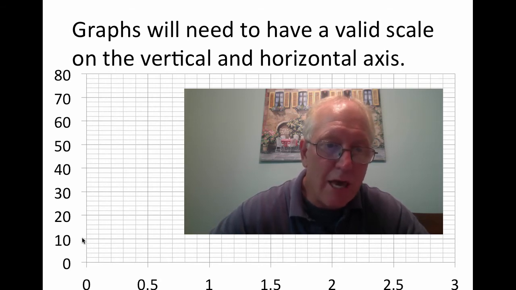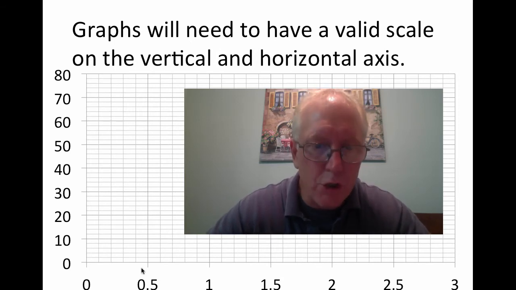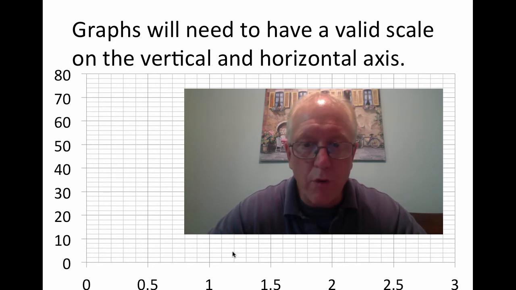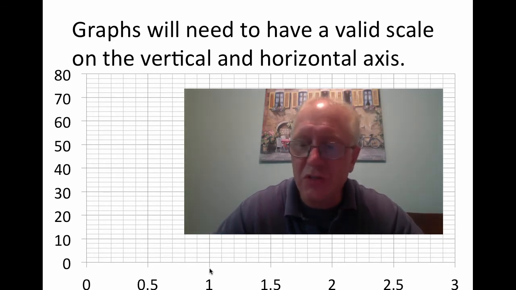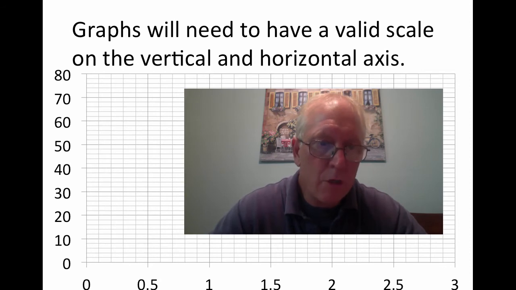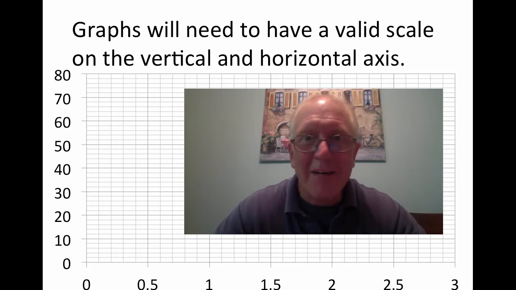So if this one's 10, the next one's got to be 20, and so on. On the horizontal axis, I've chosen 0.5 for each one of the big lines. So 0.5. Then 1, 1.5, equal increments. That's what a scale is, equal increments. Okay, so you can go ahead and add a scale to your graph, and maybe pause, and then come back to the video. And we're back.